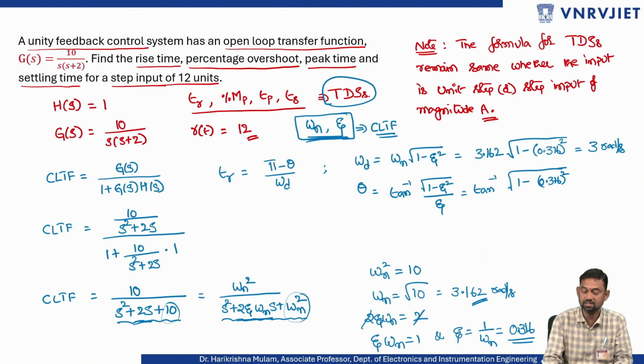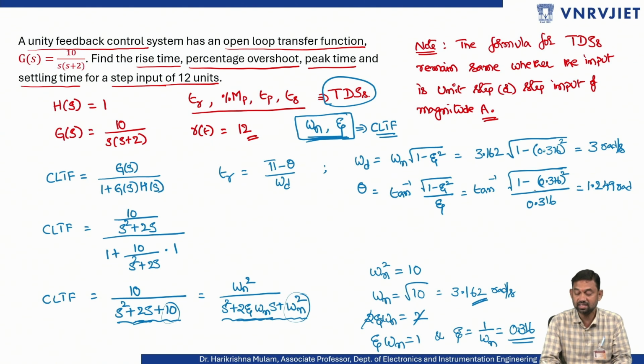Zeta is 0.316 and its square divided by, once again, zeta is 0.316. And if you find its value, it comes around 1.249 radians. Actually, initially, while finding this theta value, tan inverse of this, you will get it in degrees, and you need to convert that degrees into radians by multiplying with pi by 180 degrees.